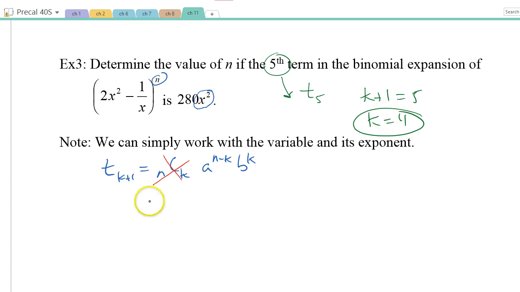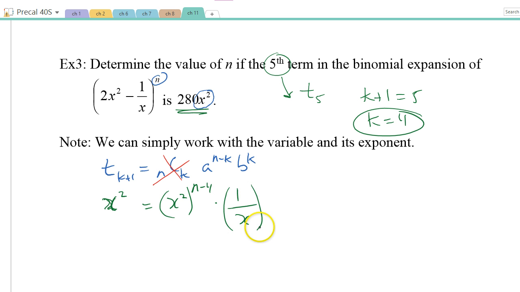So this is going to be equal to, so my x, this will have an x squared in it. So rewriting this but not worrying about the coefficient, x squared is going to be equal to my a value, which is x squared, to the power of n minus k, so it's n minus 4, multiplied by my b value, which is 1 over x, multiplied to the power of 4.